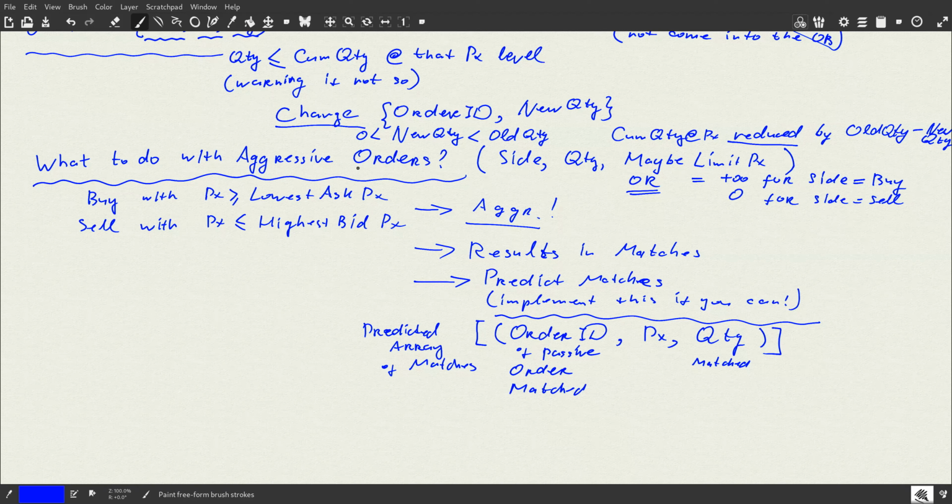Then you take this aggressive order. If the aggressive order side is buy, then you predict matches, where? On the opposite side. That's important to remember. On the opposite side of the order book.